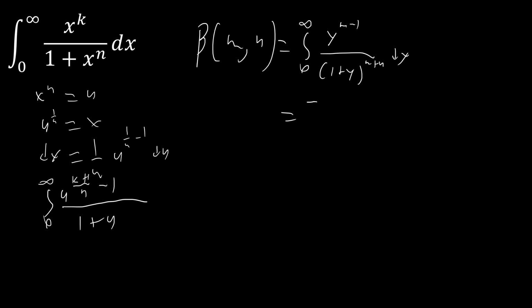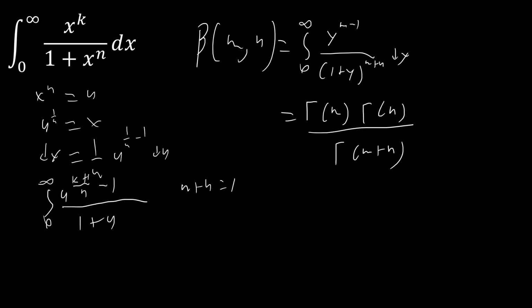This is also equal to gamma of m times gamma of n over gamma of m plus n. And so that's what we're going to use right here. Now in this case, we can see that m plus n equals 1, and that m equals k plus 1 over n.